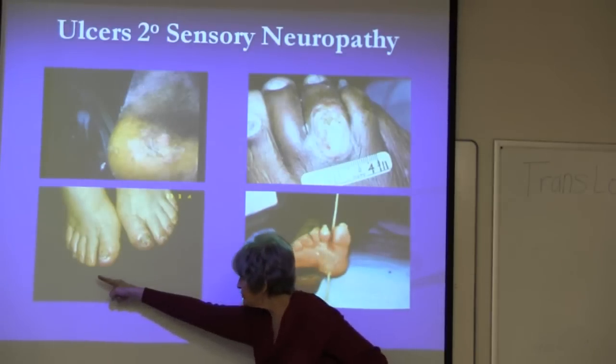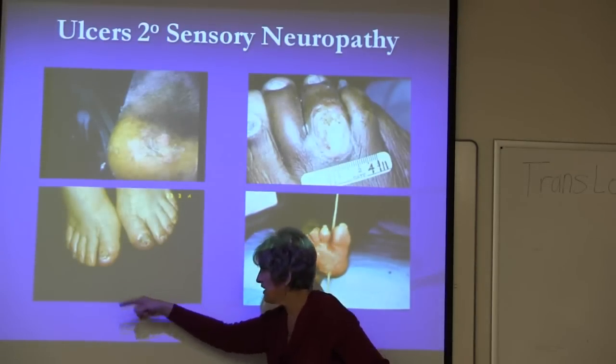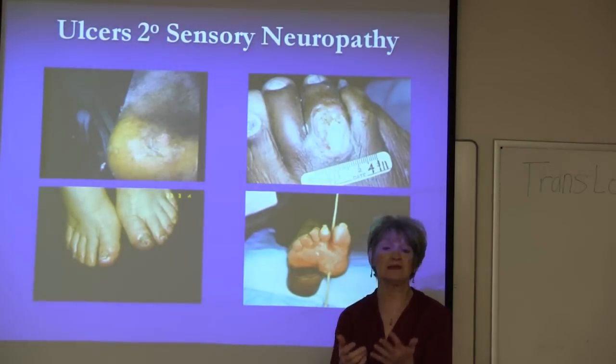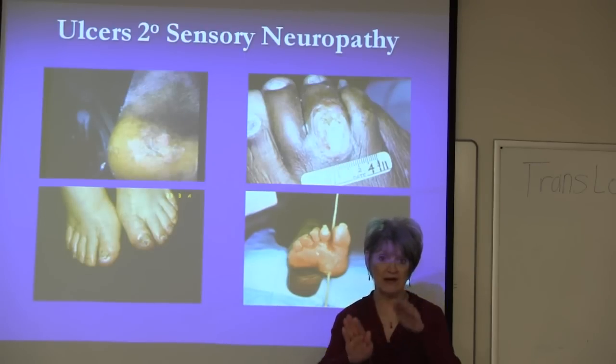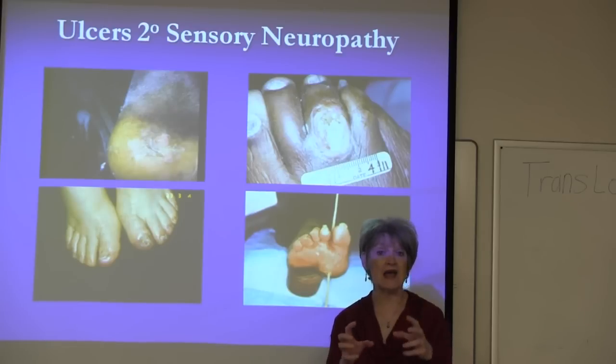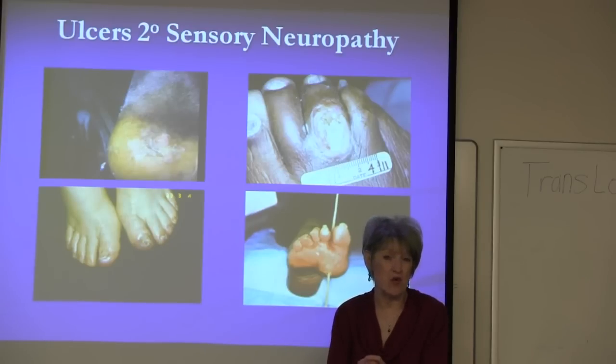You see how all of the toes look bruised and red? That's because diabetics are frequently wearing shoes that are too small. Because they don't have normal sensation, they don't recognize that their toes are rubbing against the shoe. A tighter shoe actually gives them more of a sense of security because of that diminished sensory awareness.